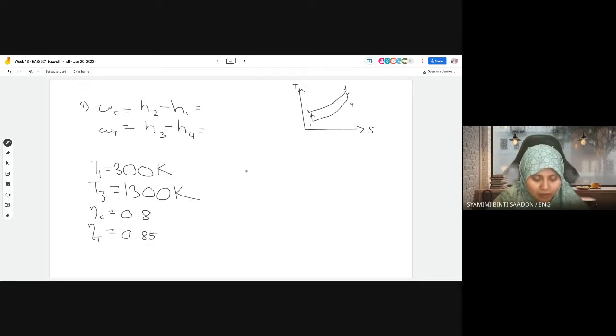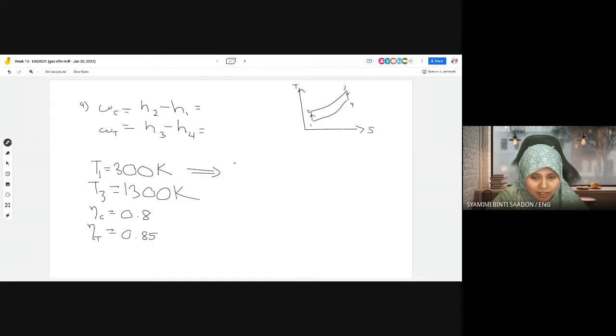So we know T1 is 300 Kelvin. We assume that the gas turbine power plant uses air as the working fluid, and the air is an ideal gas.